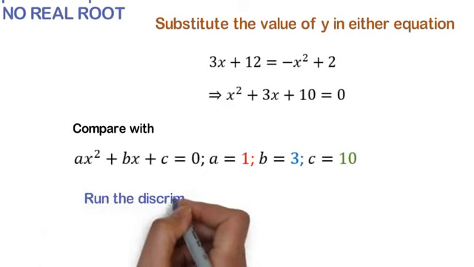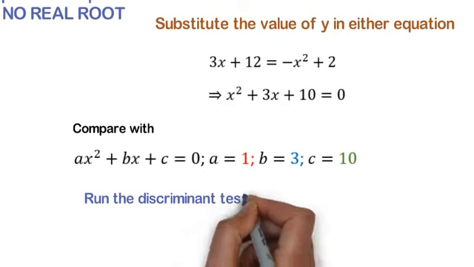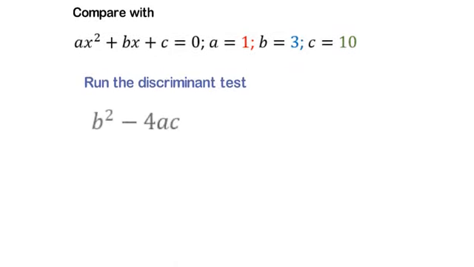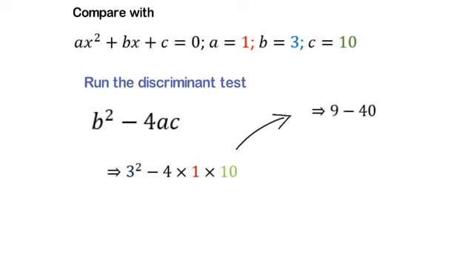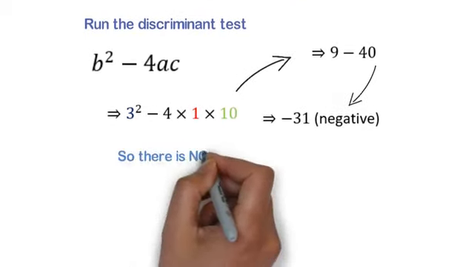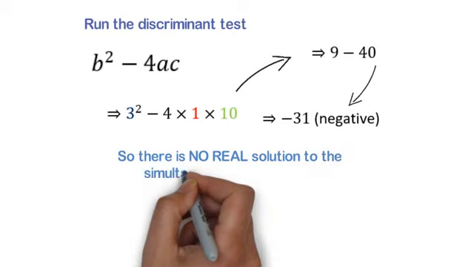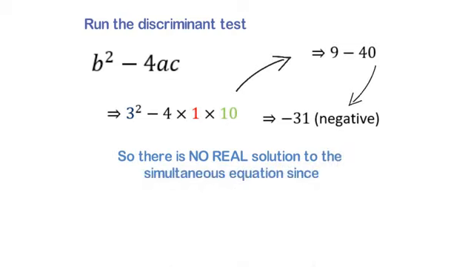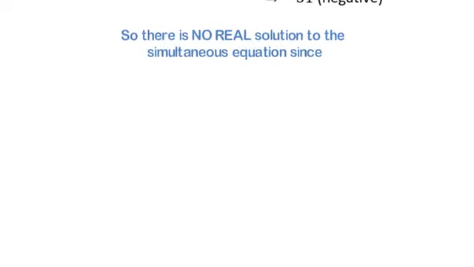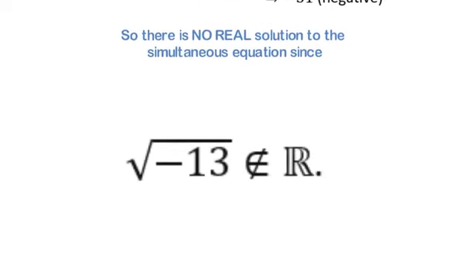Before we solve, let us run the discriminant test. b squared minus 4ac will give us 3 squared minus 4 times 1 times 10, which will give us 9 minus 40, which gives us minus 31, which turns out negative. So there is no real solution to such a simultaneous equation, since the square root of minus 31 is not a real number.